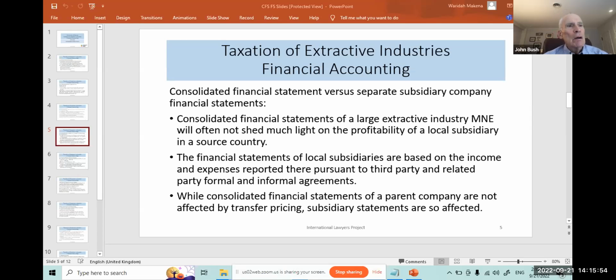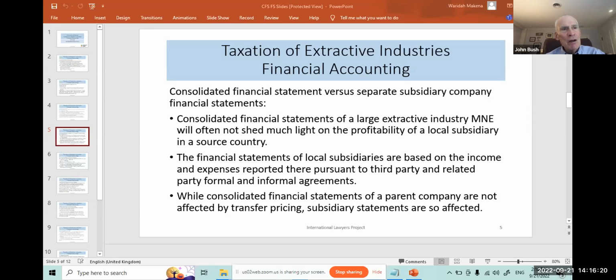And their income is determined subject to the transfer pricing that Michael talked about yesterday. So the transfer pricing isn't just an artificial effect, it's reflected in the accounts of the subsidiary. And the subsidiary's accounts are the accounts that the taxable income in the local jurisdiction is based on.